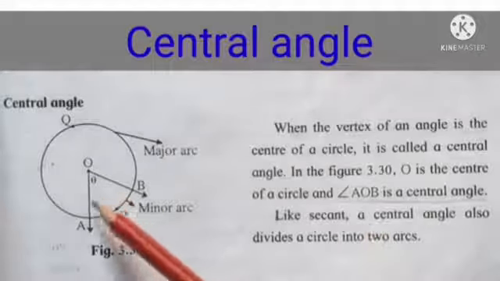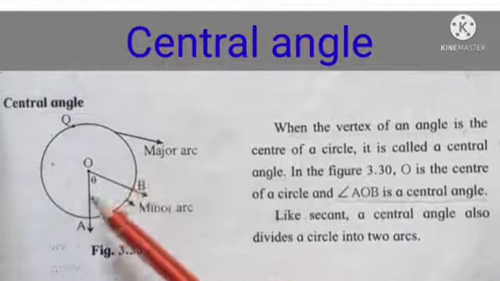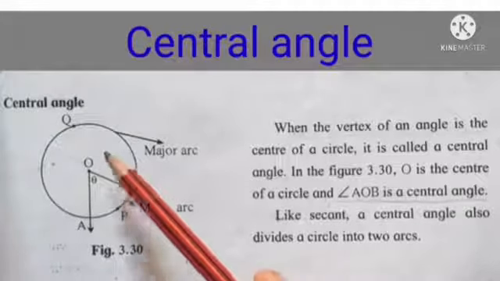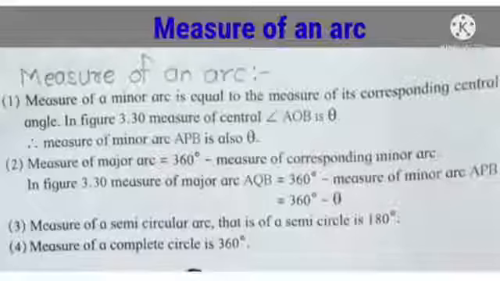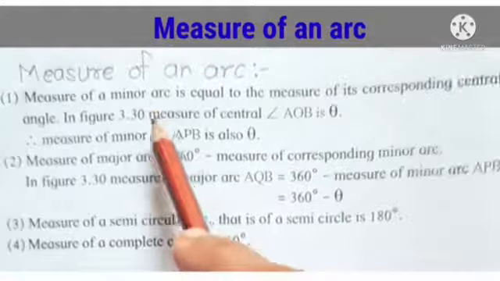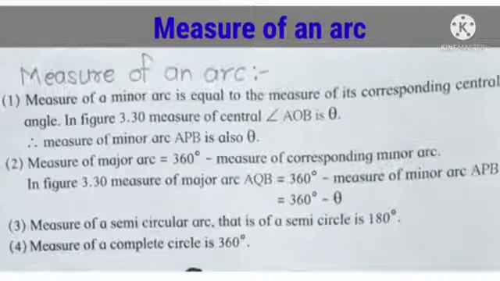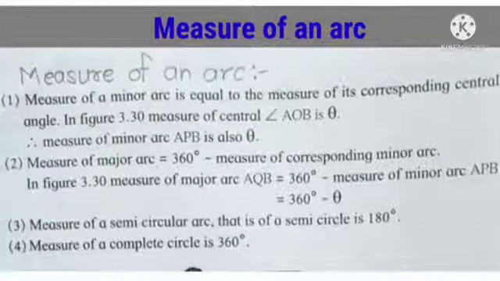Like the secant, this central angle also divides the circle into two parts. See, here is the smaller part and here is the greater part. Now we see the measure of an arc. There are two arcs, minor arc and major arc. How to find their measure?